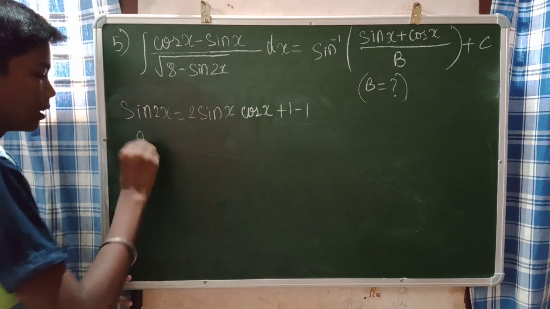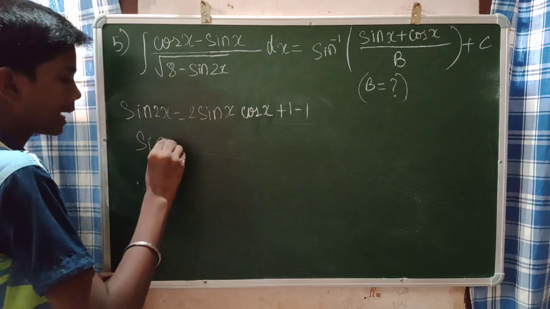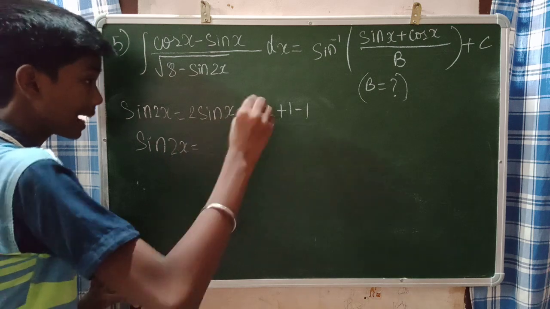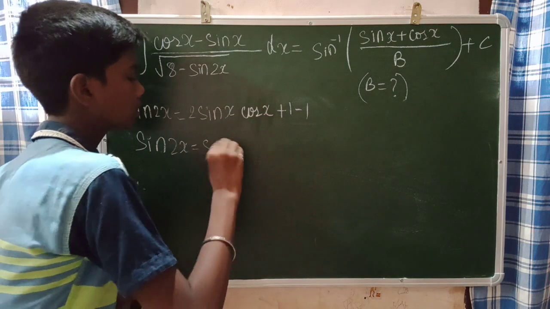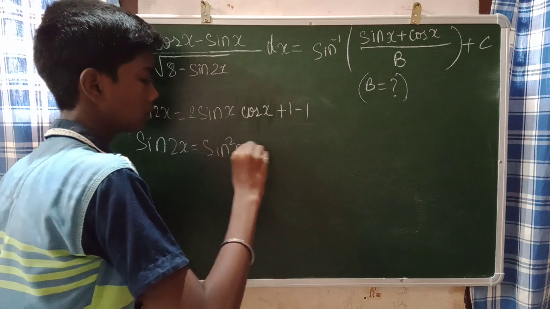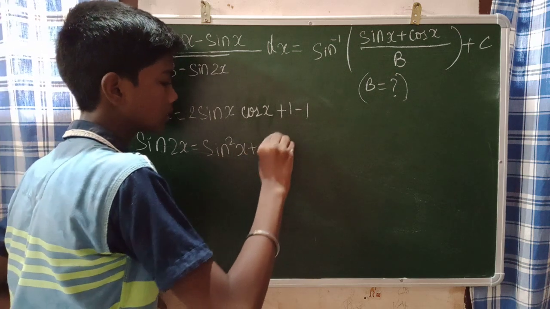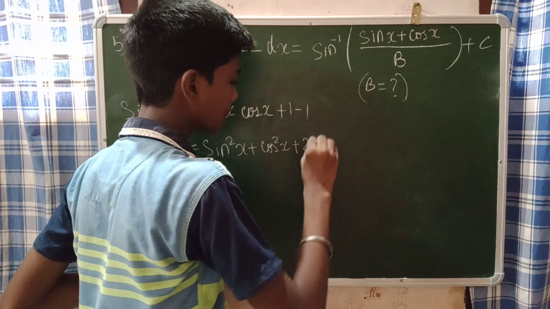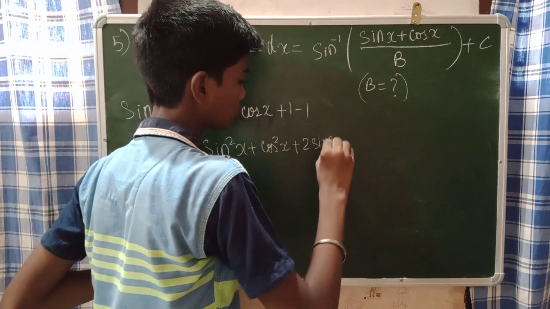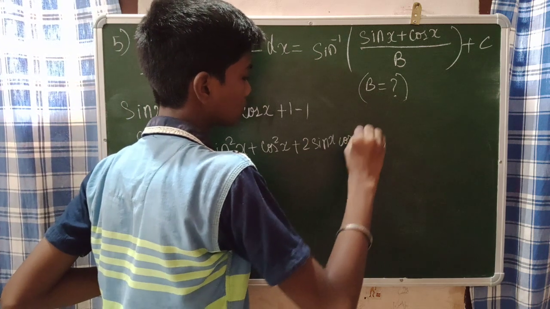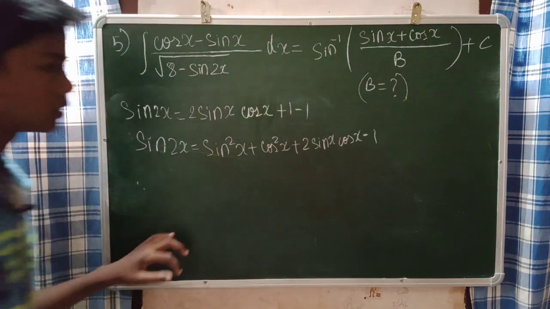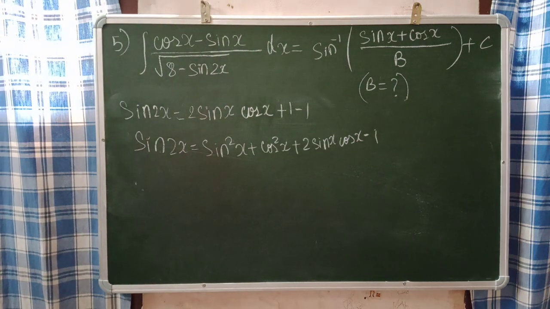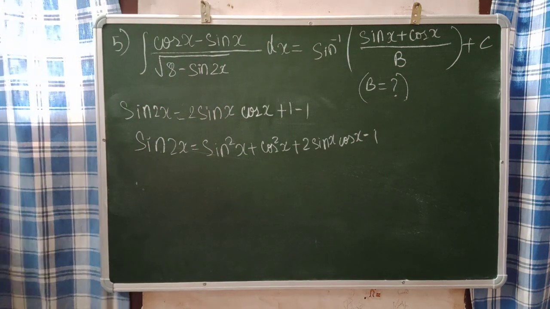Because I can write that 1 as sin square x plus cos square x, Pythagorean identity, then plus 2 sin x cos x minus 1. Can't I write like this?